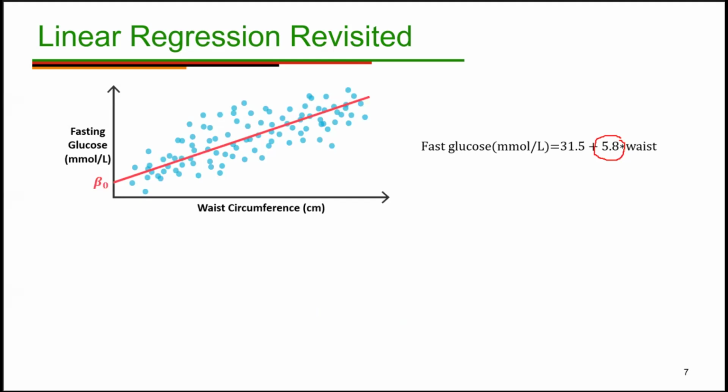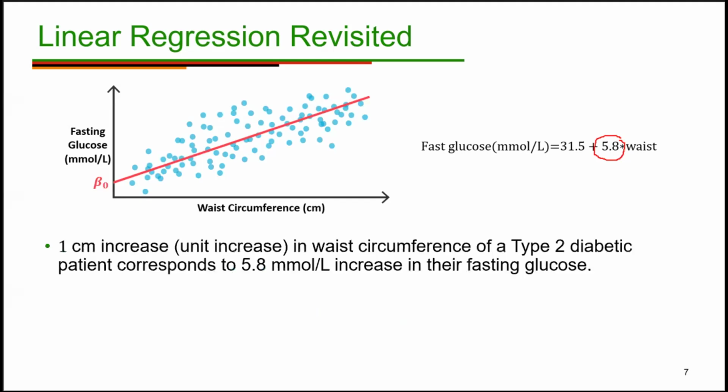Yeah. So what I understand is, for every 1 unit increase in the waist, the fasting glucose level increases by 5.8 units, by 5.8 millimoles per liter. Okay, thank you. So that is right, but you have to specify what that 1 unit increase would be.